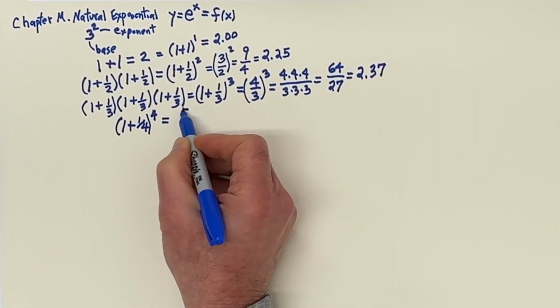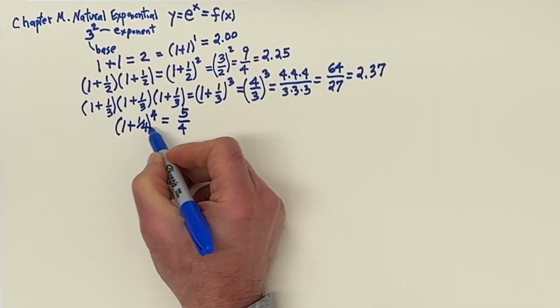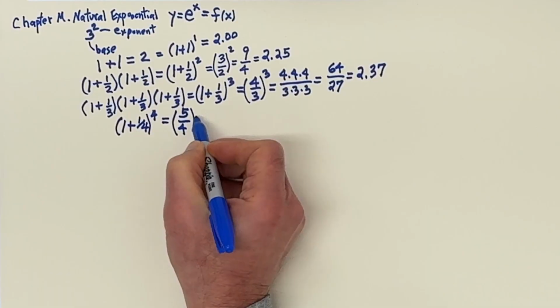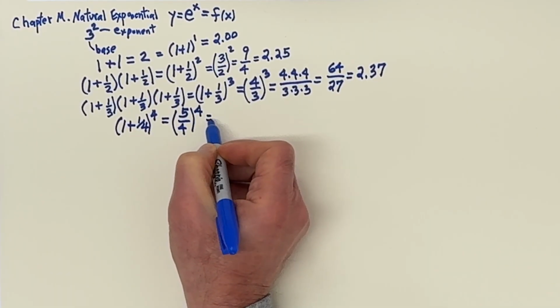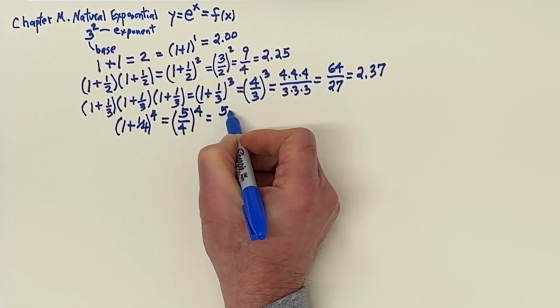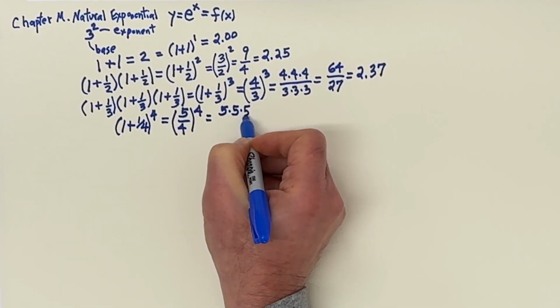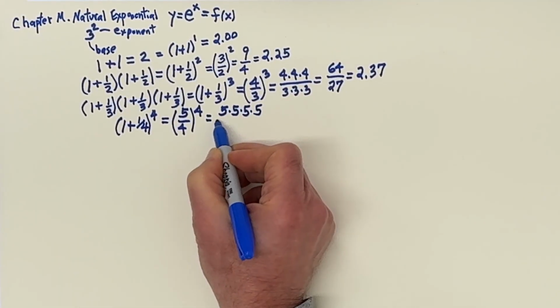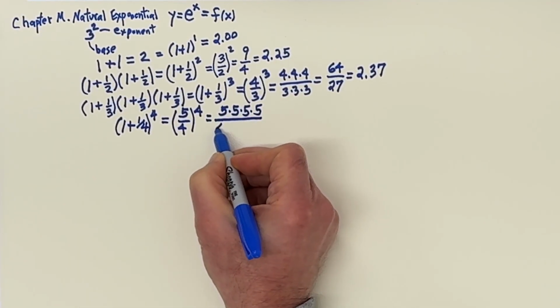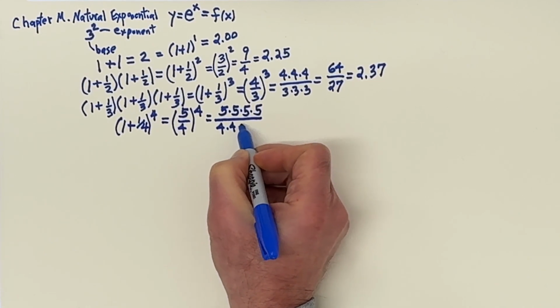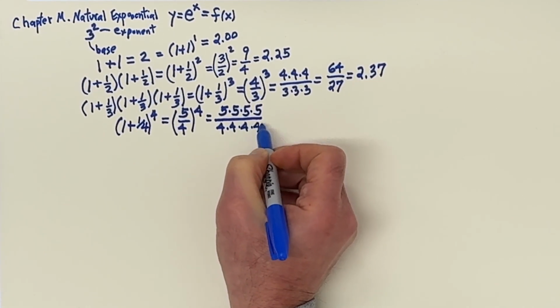So this would be 5/4. 1 and 1/4 is 5/4 to the 4th power. And that would be 5 times 5 times 5 times 5, taken as a factor 4 times, and 4 times 4 times 4 times 4.